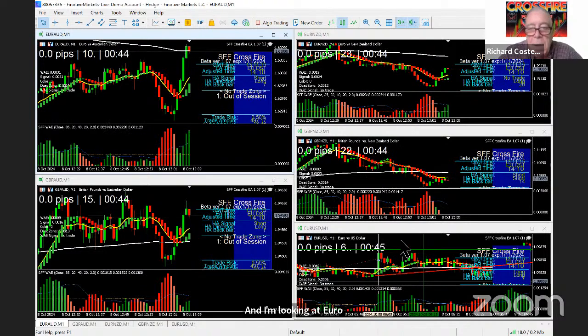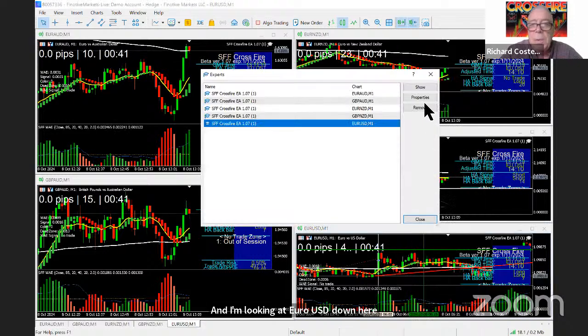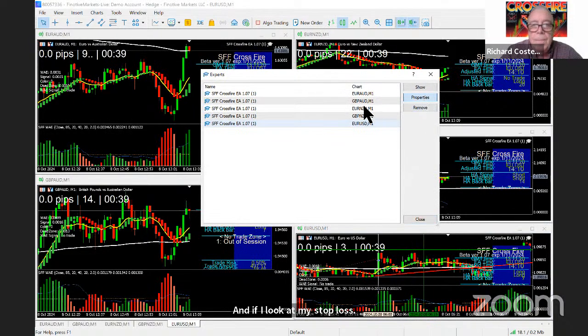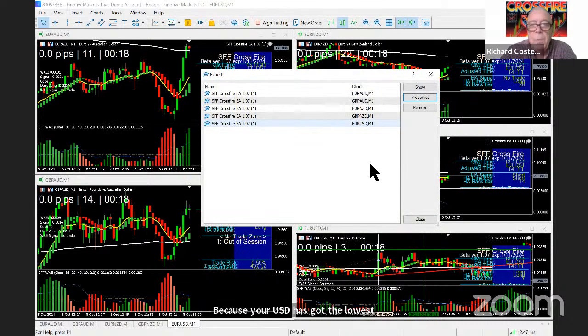If I look at my stop loss, I'm using 3 pips stop loss, 6 pips take profit. I'm risking 0.5% to make 1%, because Euro USD has got the lowest broker spread of all the trades. That's why I get away with a 3 pip stop loss.